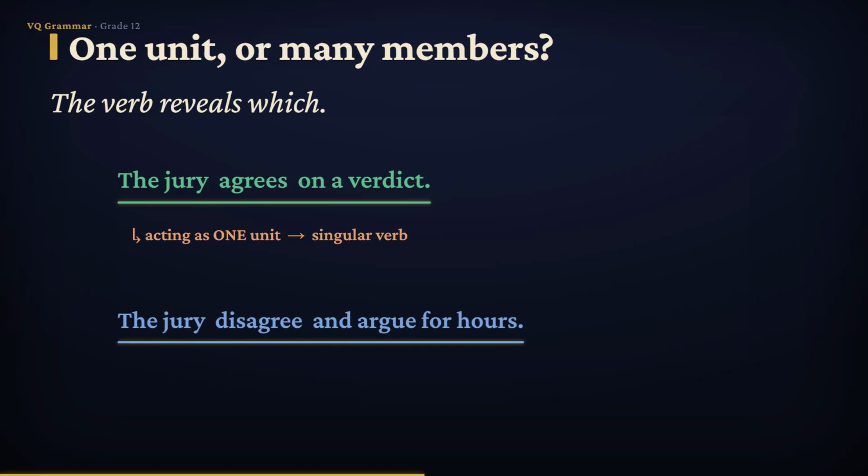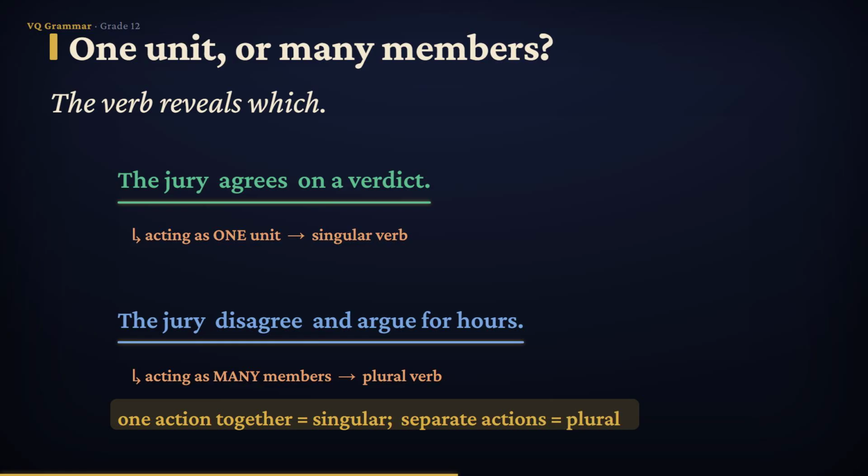The jury disagree and argue for hours. Now the members are acting separately, each with a different opinion, so the verb turns plural. Disagree, argue. The word jury never changed. What changed is whether the group acted together or apart. One action together takes a singular verb. Separate actions take a plural verb.